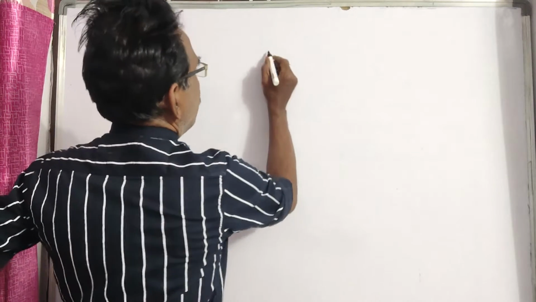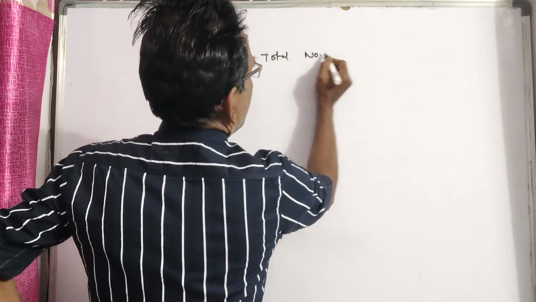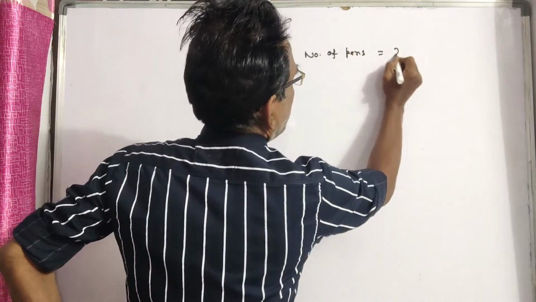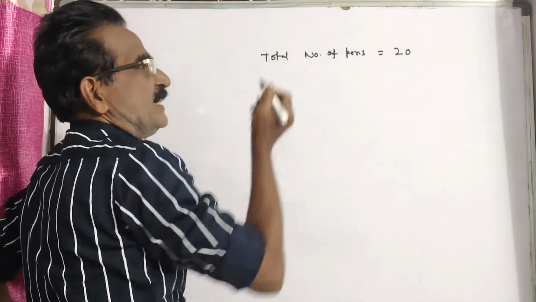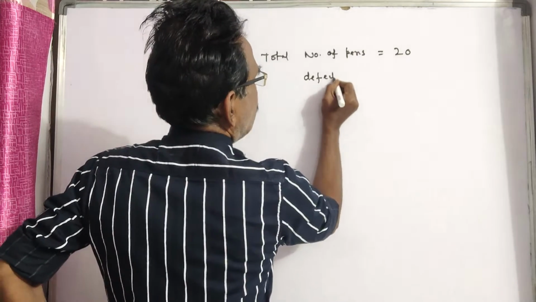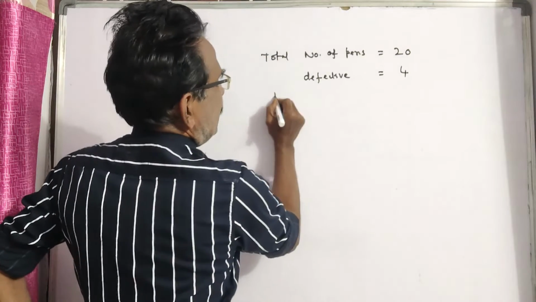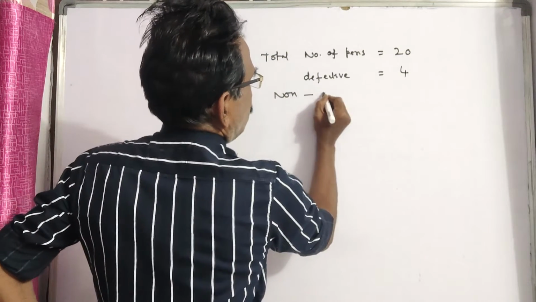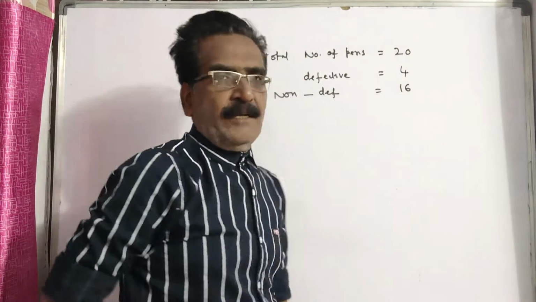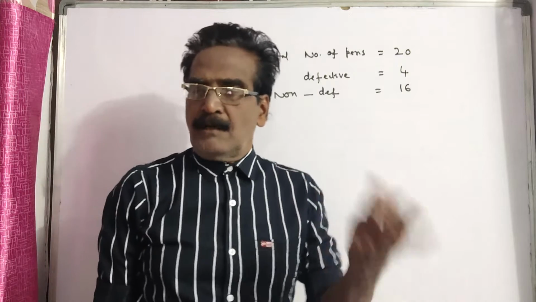So the lot contains 20 pens, and it contains 4 defective pens. So defective pens are 4, and then non-defective are 16. Your first question is, a pen is drawn at random.